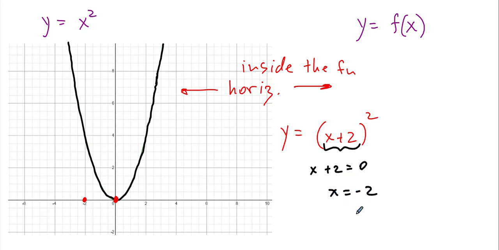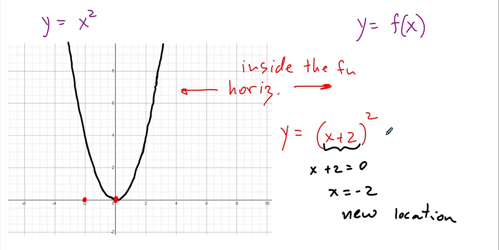That is my new location of the x coordinate. And why the x? Well, it's on the inside of the function. And we'll talk in a second about the outside of the function. So my new location, I basically took this vertex and I moved it to the left, to the negative side by 2 steps.